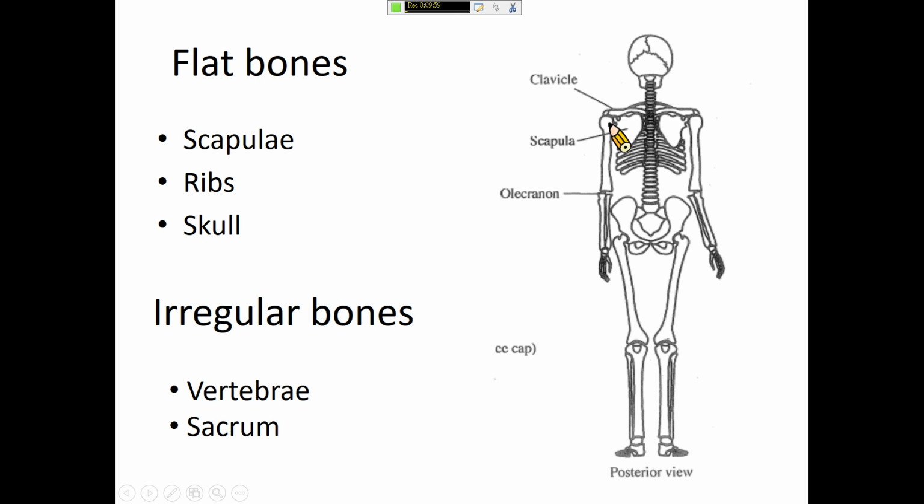This is the scapula, we have one here and the other here. It's flat. And then we have ribs. Ribs are flat. If you look closely, it's very flat. This is a rib.